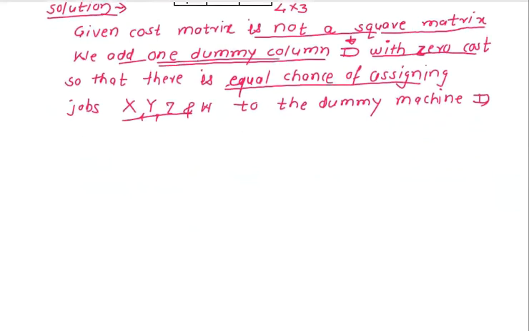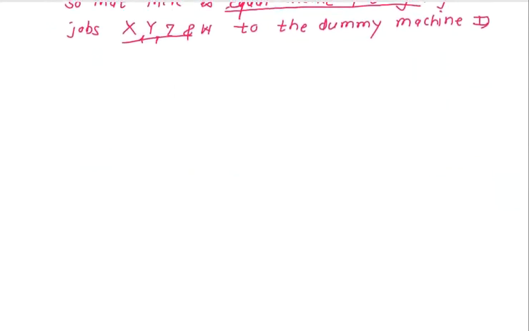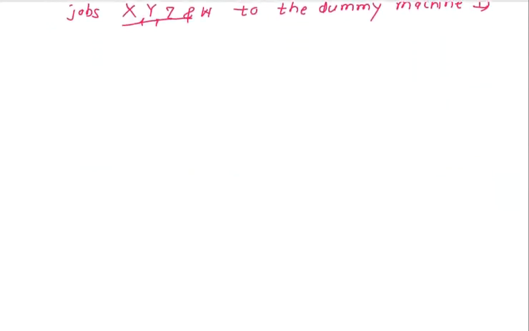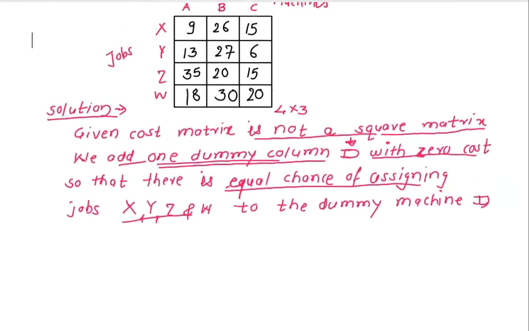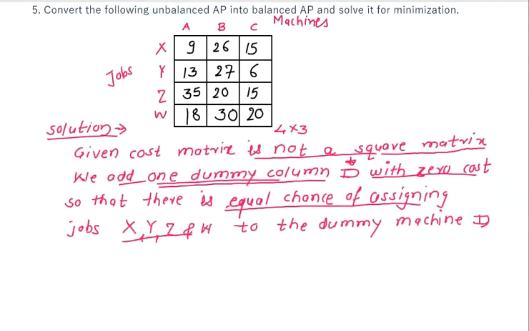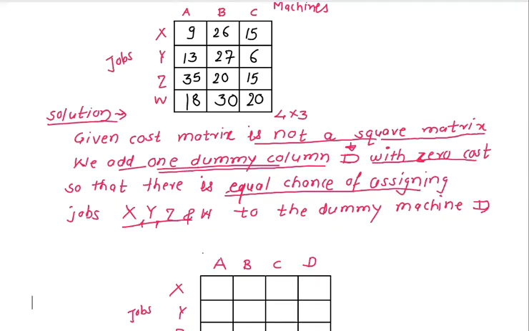So let us make it balance and then we will apply Hungarian method. We first make the given matrix a square matrix. So we have to add one dummy column with zero cost.